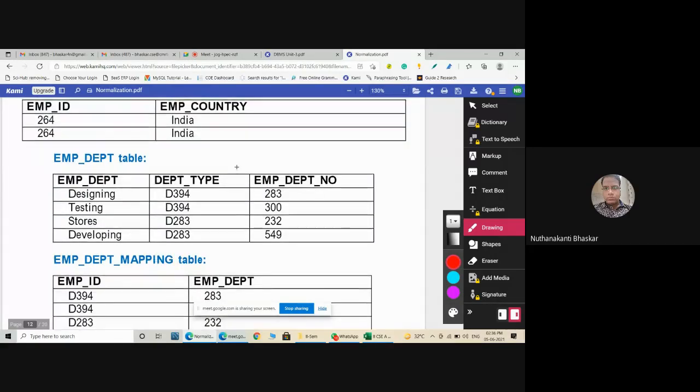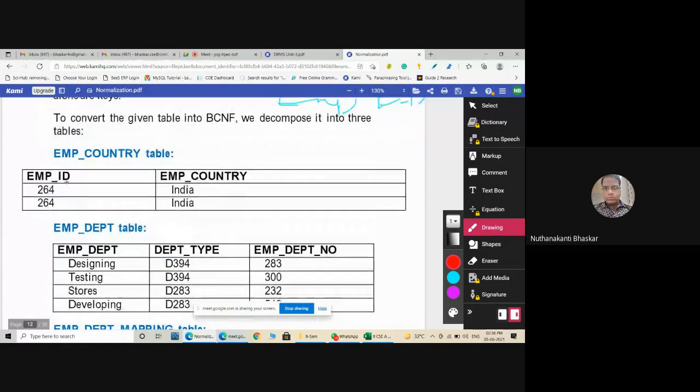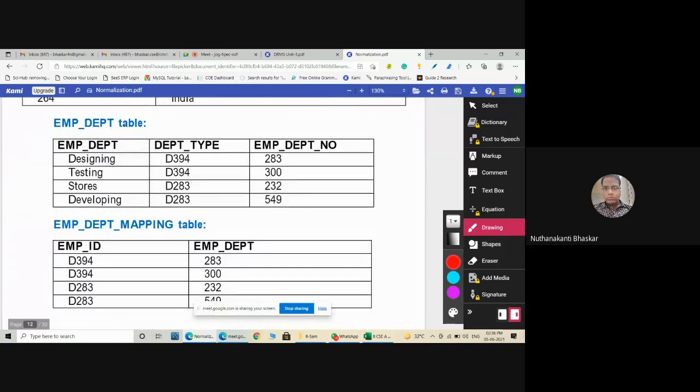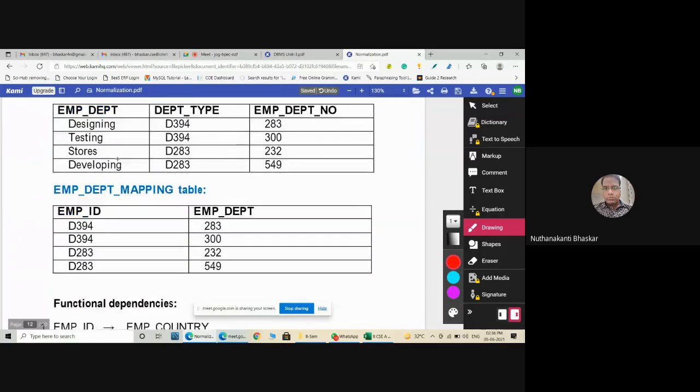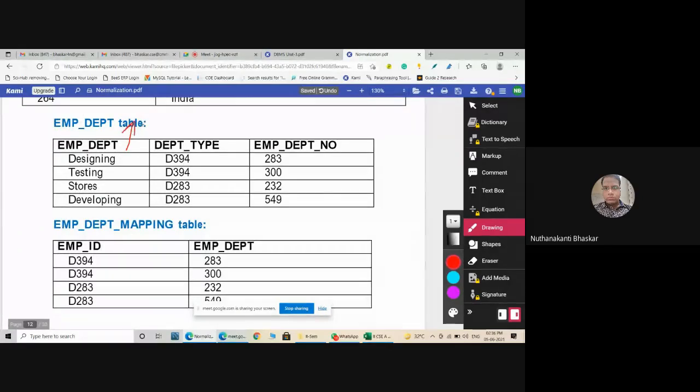Here, if you observe, employee ID, employee country is now a primary key. Now left hand side must be a primary key, automatically it is a super key. Now employee department, all these values are depending on employee department. That's why it is again a primary key, nothing but a super key.